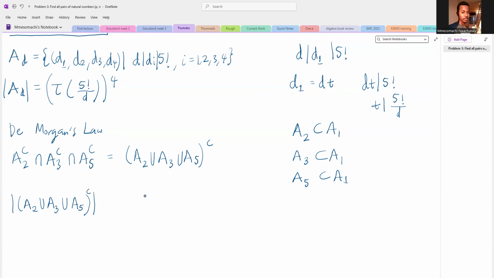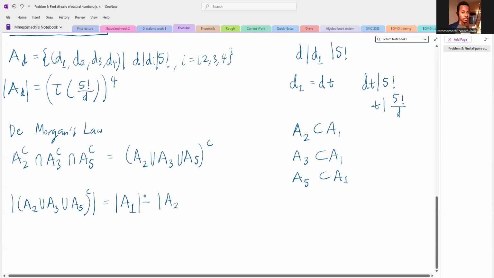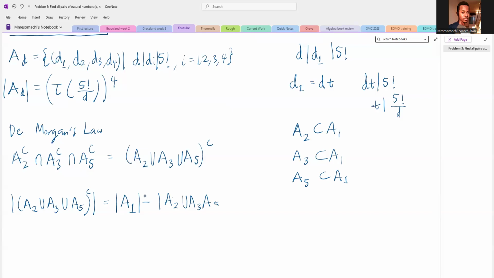So the size of this set complement is just equal to A1 minus A2 union A3 union A5.